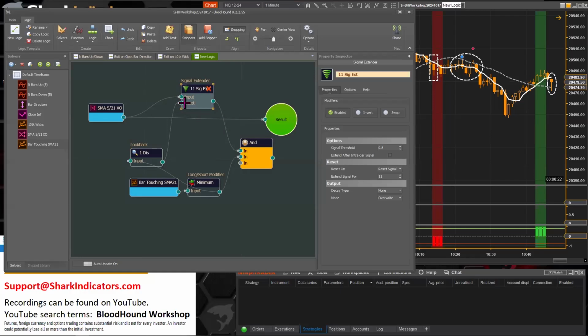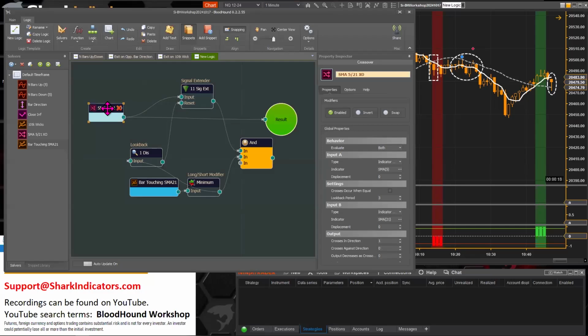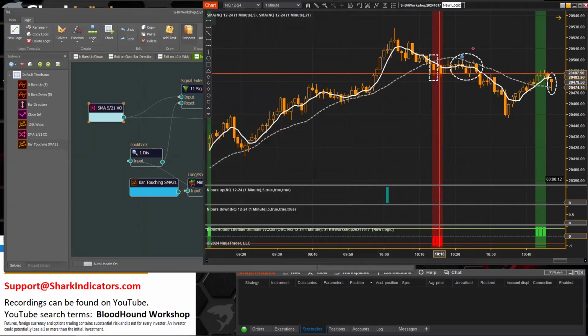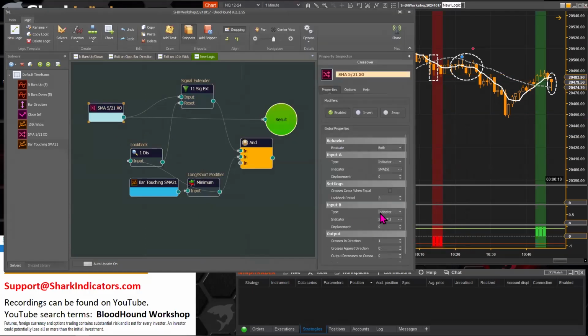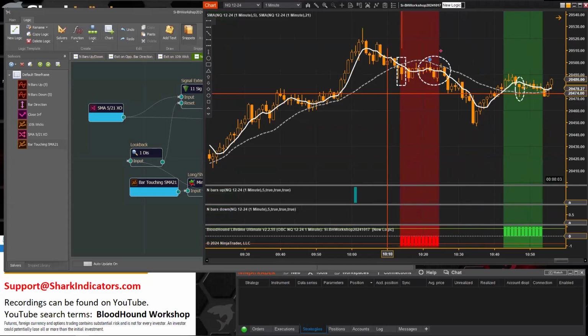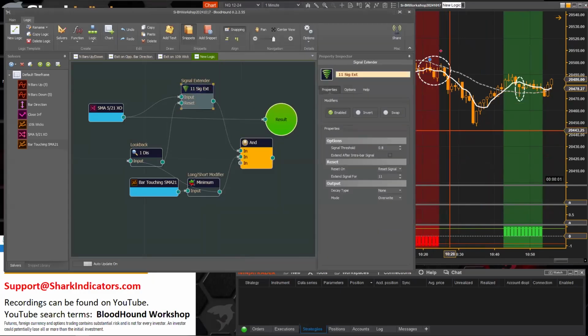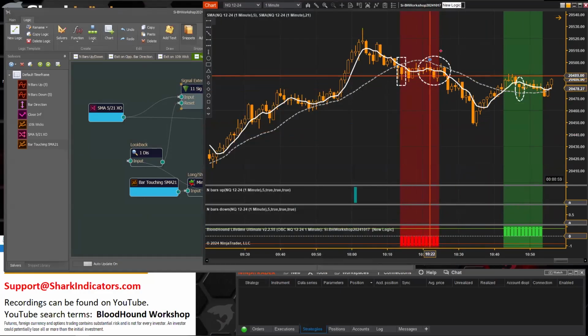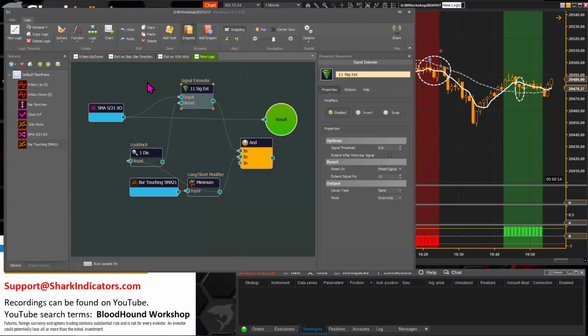It has this reset. You cannot reset a crossover solver. So with this look back period, basically this is permanent. So if I set this to 11, there you go, it's doing the same thing as our signal extender, but we cannot turn this extended signal off. So that's why we're using the signal extender.